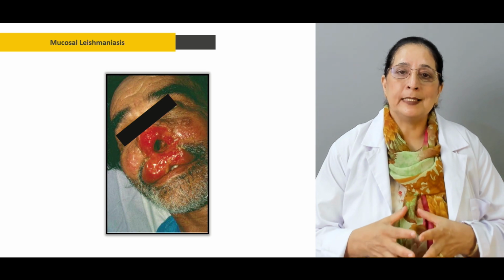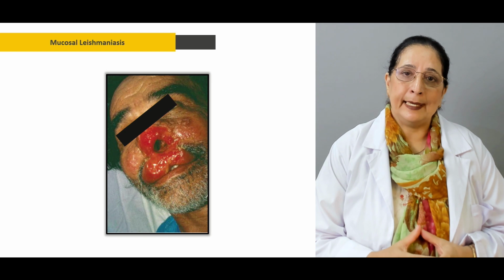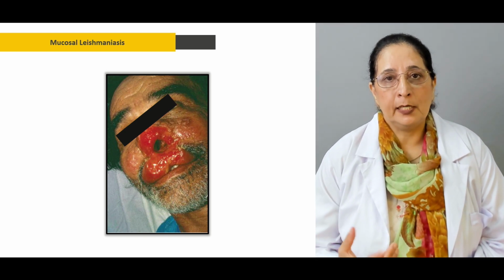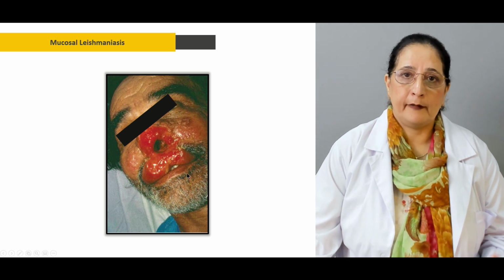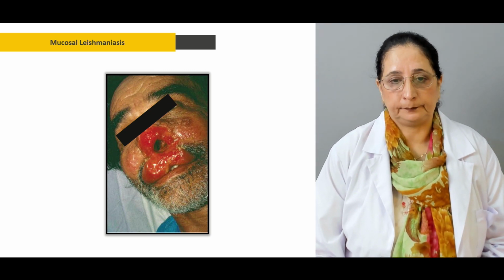The most common sites of involvement are the viscera, the skin, and the mucosal layer of the oral cavity, nasal cavity, and also the pharynx. So that's mucosal leishmaniasis.